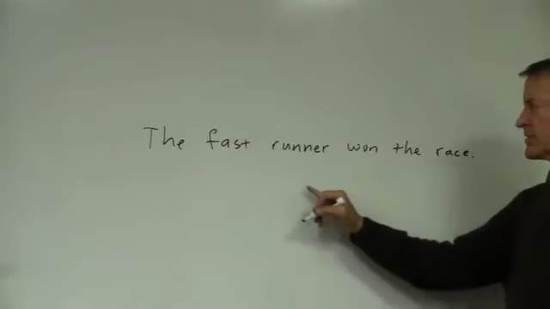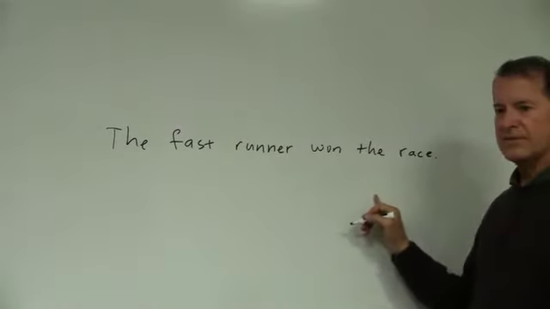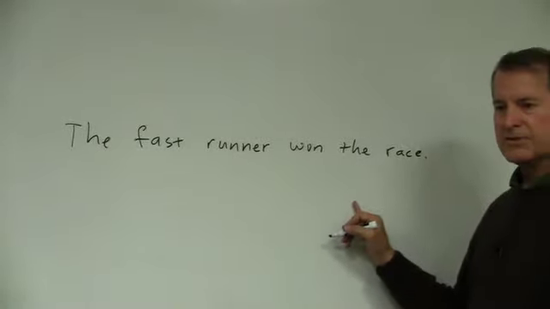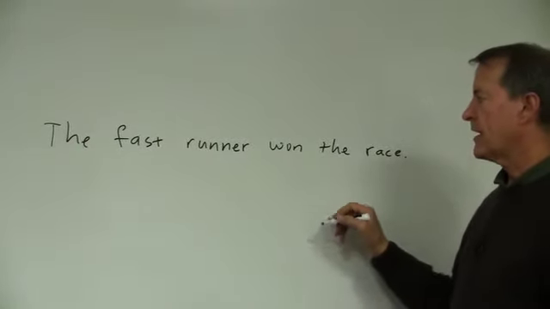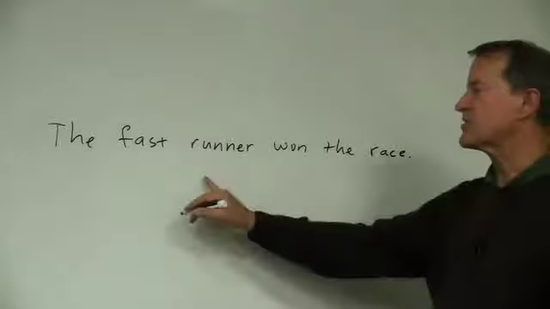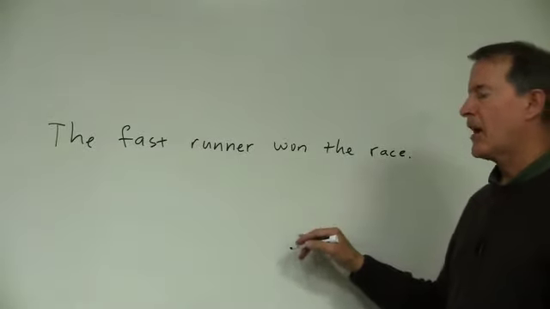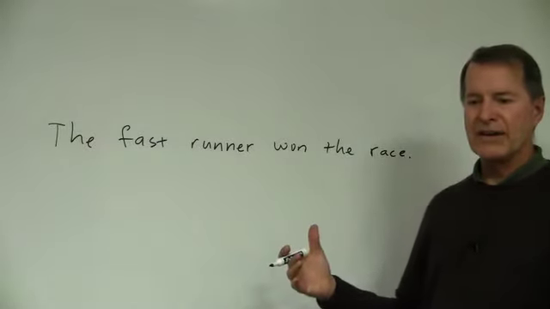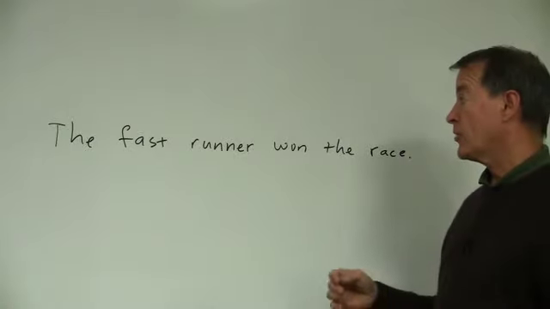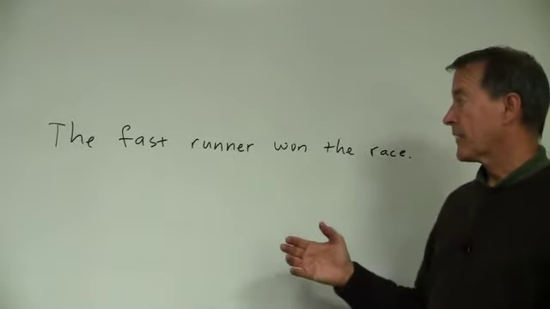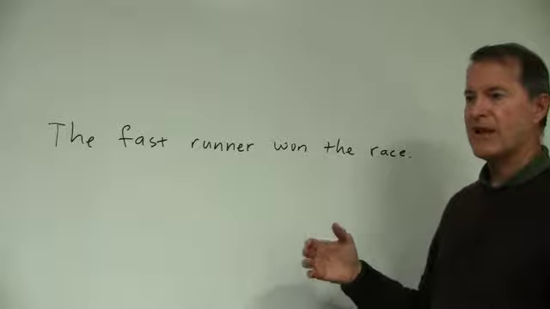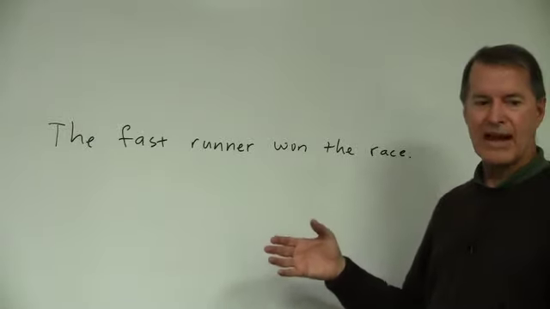So here's a valid sentence in the English language: the fast runner won the race. Now one of the rules of English grammar might be that you have to have a verb, and you have to have a noun, which is the subject.